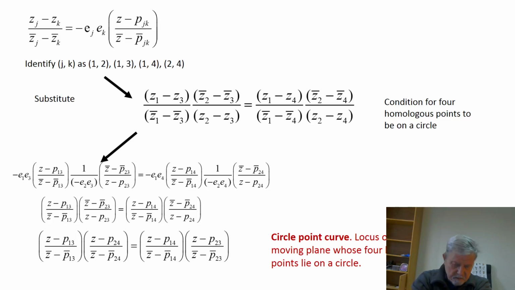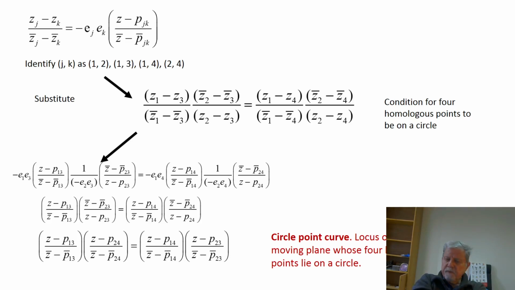You can try that. Perform cross multiplications, etc. P14, P34 are complex numbers, coordinates of the moving poles on the moving frame. So those are known.